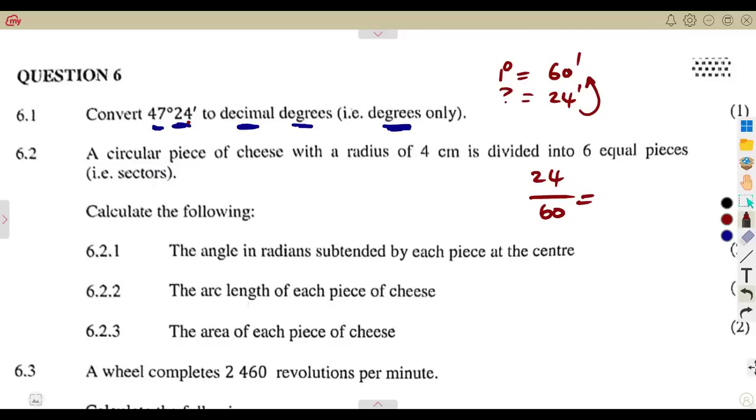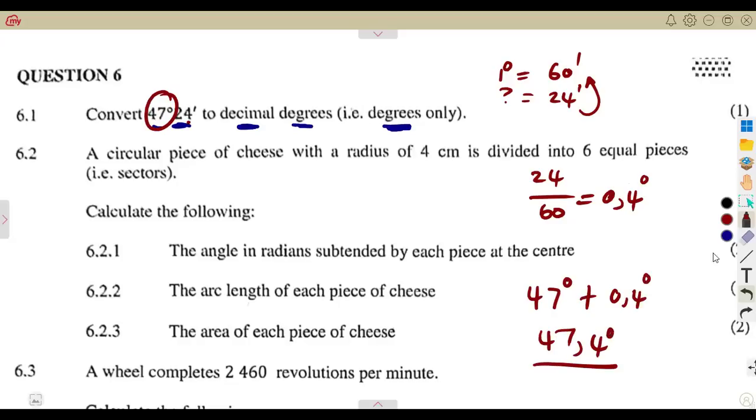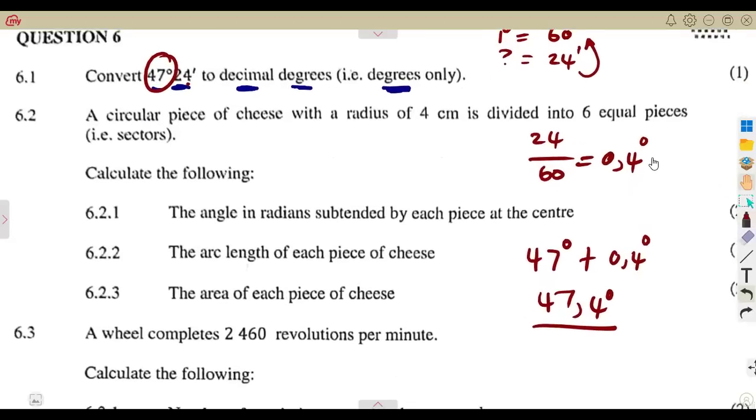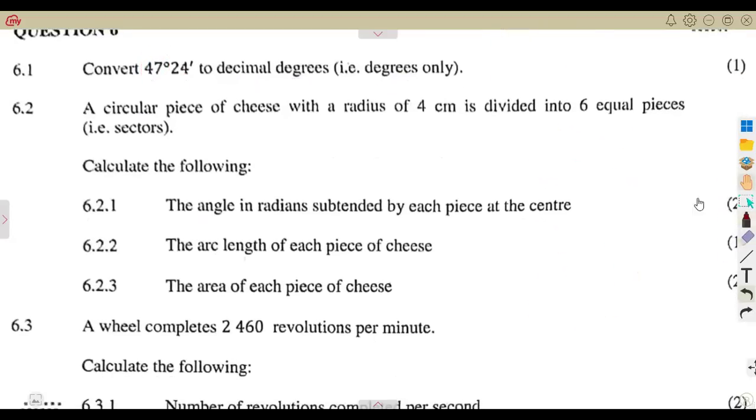Whatever you obtain there is in degrees. So that was going to be 0,4 degrees. So we have 47 degrees plus 0,4 degrees, which is 47,4 degrees as a decimal, only in degrees. So that is what you're going to have in this case.